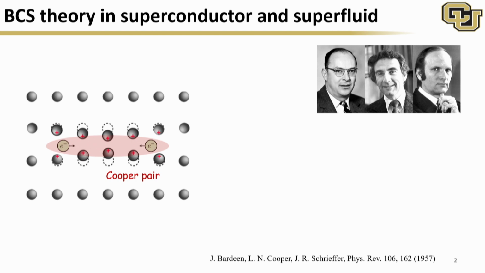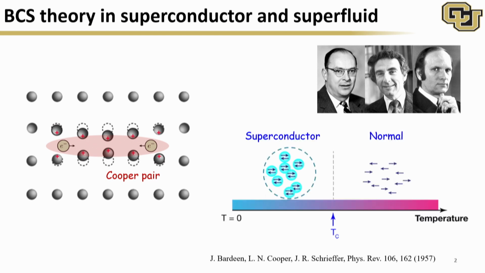This attractive interaction makes the two electrons form a Cooper pair. At low temperature, a macroscopic number of Cooper pairs condense, so that when you have an electric field, they all move together, and this can explain the phenomenon of superconductivity.